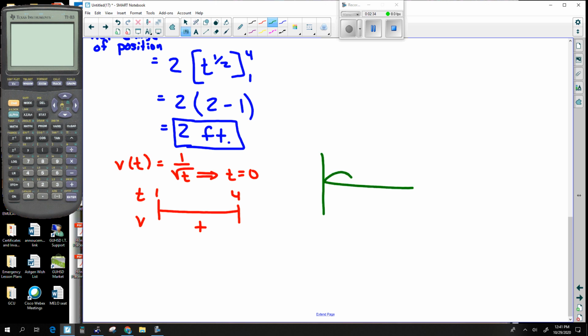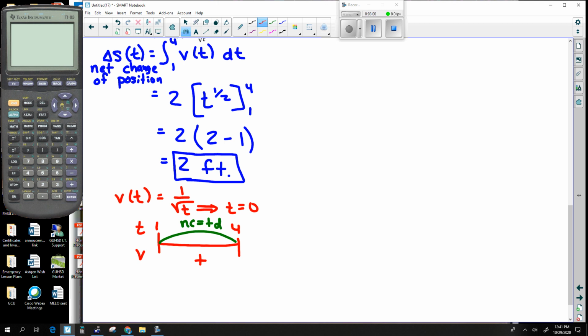velocity never decreased. You never had a negative area negating a positive area kind of concept. You never had that. So what this is saying is that the net change is equal to the total distance. The net change is equal to the total distance because there was no negatives canceling anything out.